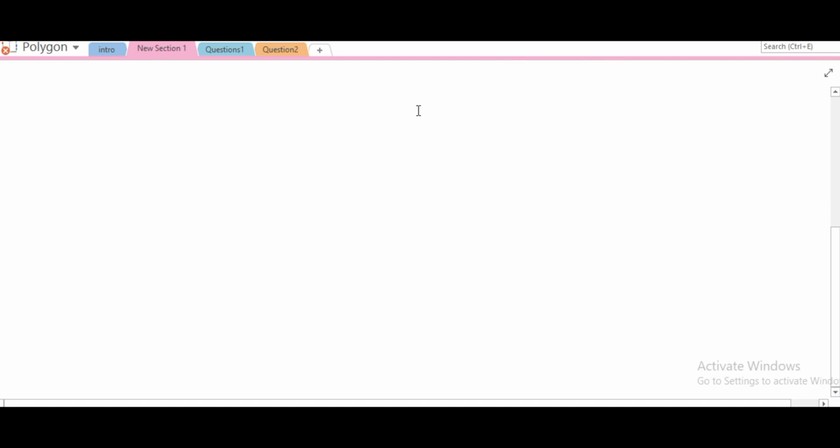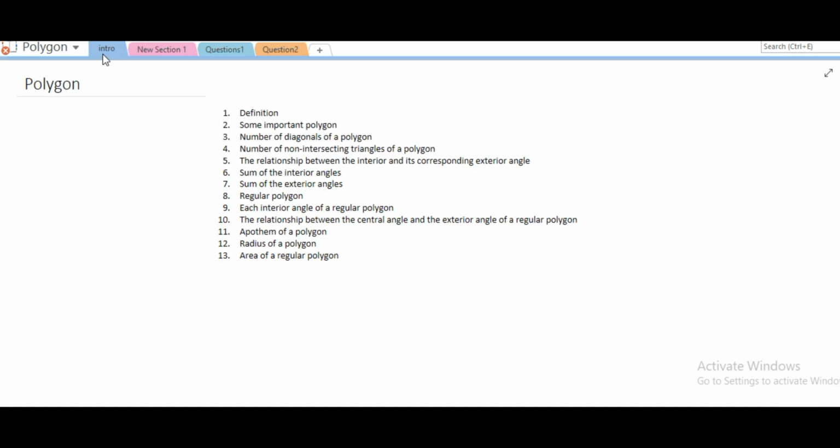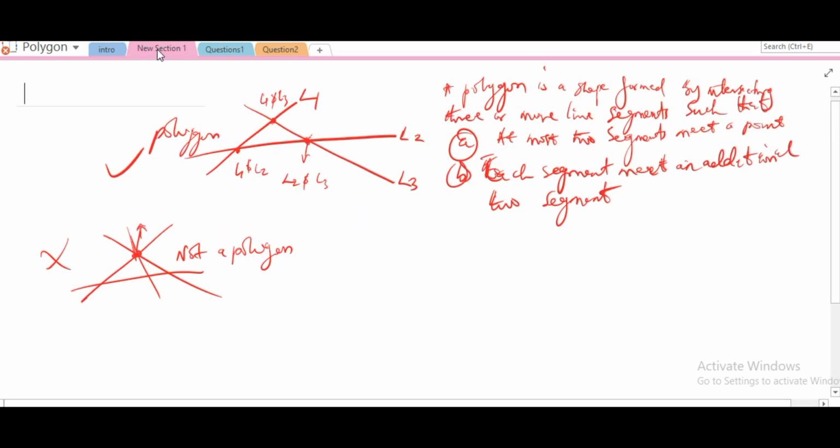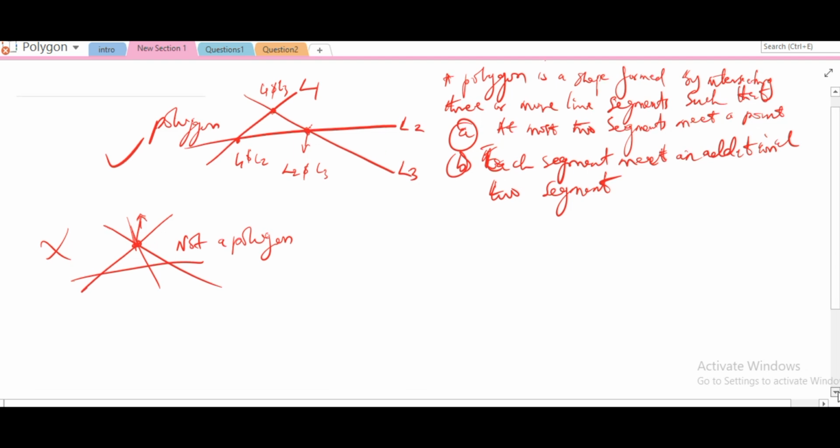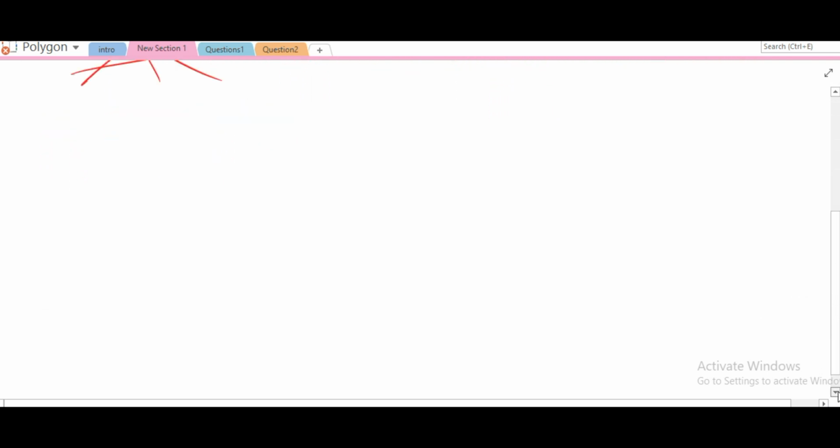So the next subheading is some important polygons. But before then, when you are talking about polygons, we always specify that it must be a convex polygon. A polygon is either convex or concave.